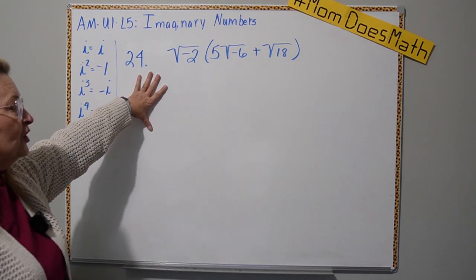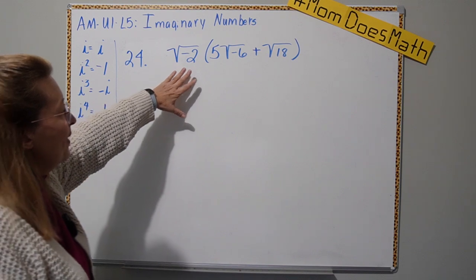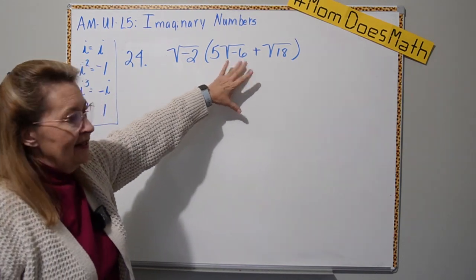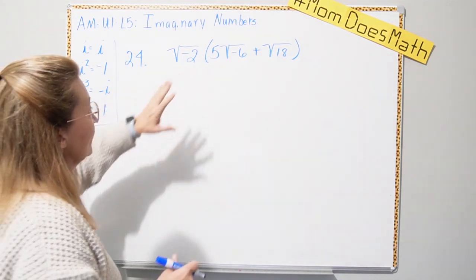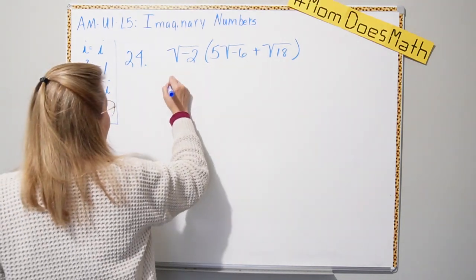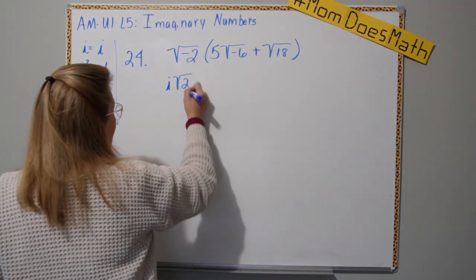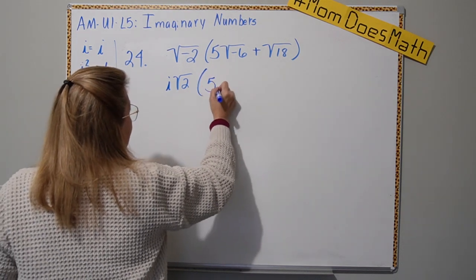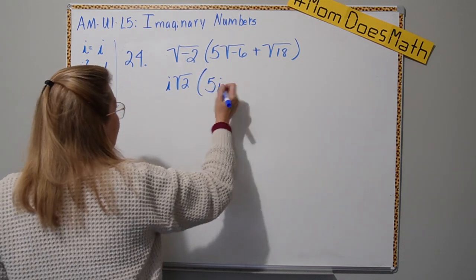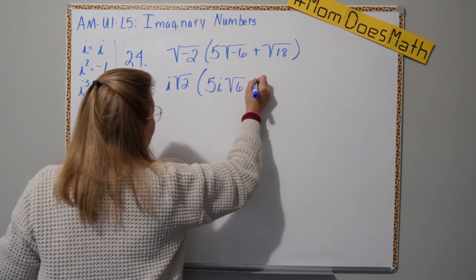Okay, let's look at number 24. The first thing I'm going to do is convert all of my negative radicands into positive radicands. If this is a negative square root of 2, I can change that to i times positive square root of 2. Same thing with the negative 6. I'm going to bring the i out, and that's going to become positive 6.